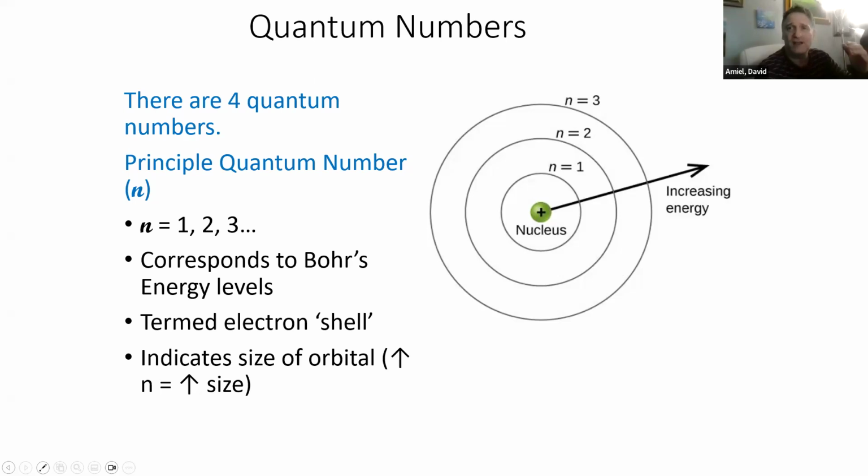But when he tried to scale up his model to multi-electron systems, the model fell apart and a new model was needed. That is the Schrodinger equation, which now puts everything in terms of statistical probabilities.